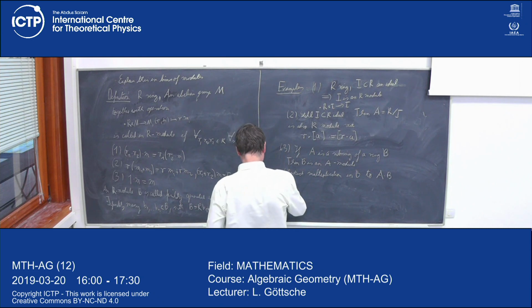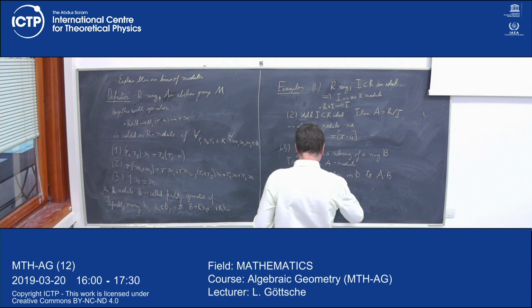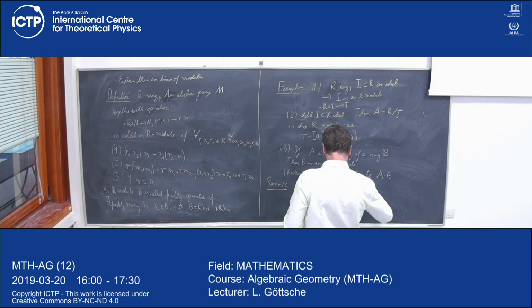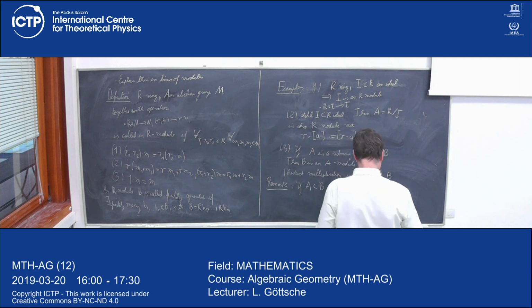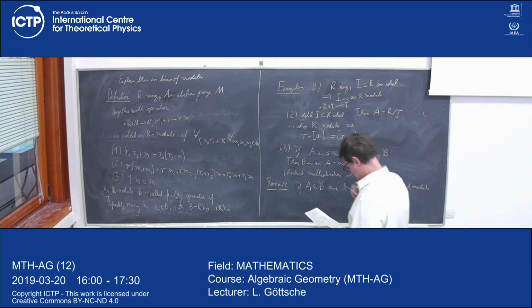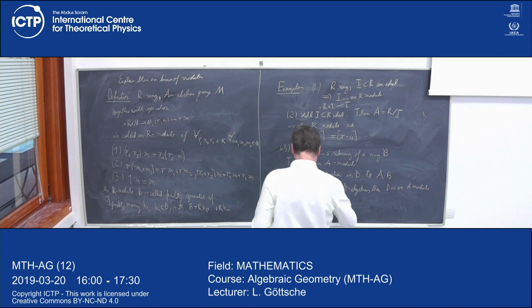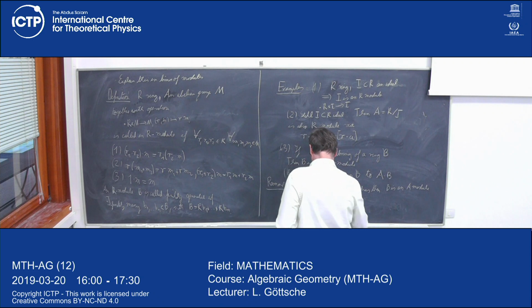So if A and B are K algebras, then obviously B is an A module, and B is finite over A if and only if B is finitely generated as an A module.